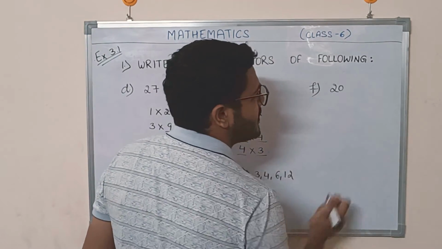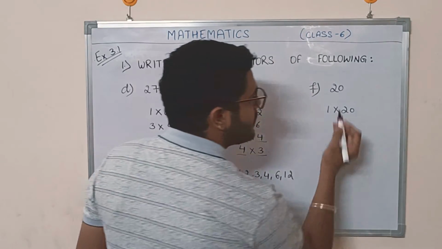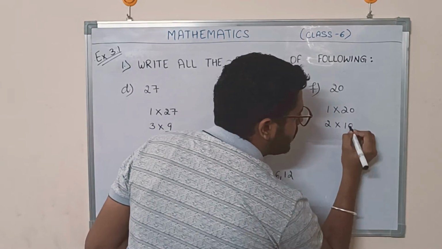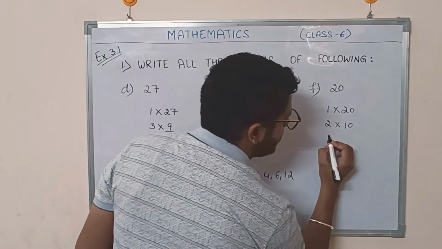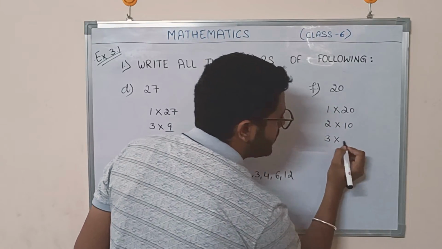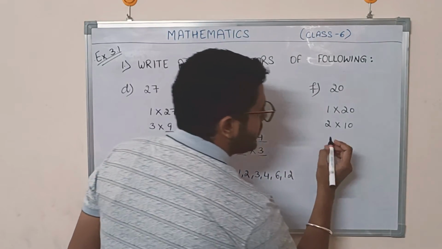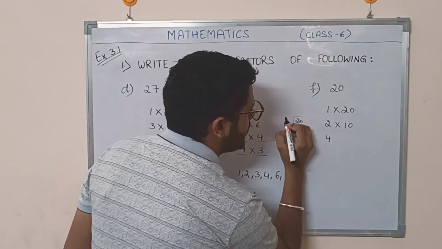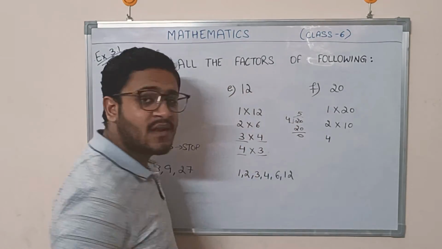Now 20. 1 into 20, right? Now divide 20 with 2. It will come out 2 into 10. Okay. And when you try to divide 20 with 3, you won't get remainder 0. So 3 won't be your answer. Now try with 4. When you divide 20 with 4, it will be 4 5s are 20 and the remainder is 0.